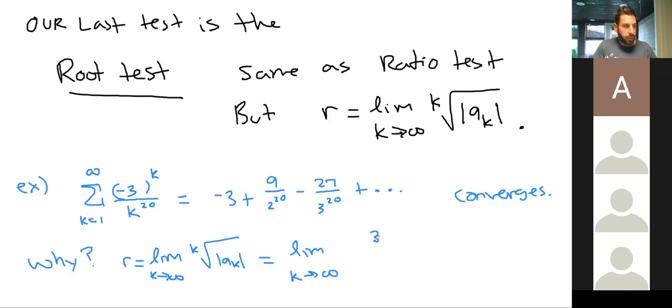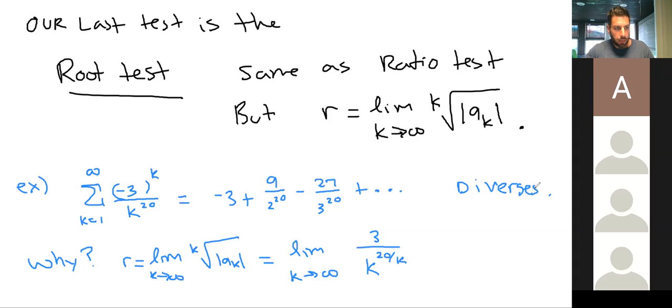You're left with 3 over k to the 20th over k. So I'm kind of, hold on. I misspoke. I'm lying to you. Hold on a second. This does not converge. It actually diverges. My apologies. I got ahead of myself.